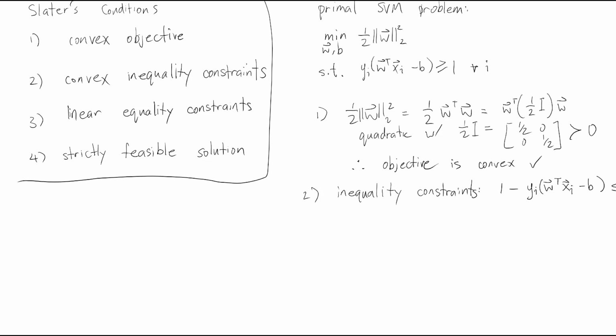The simplest way to check this is to take the Hessian of the function on the left hand side, and if the Hessian is positive semi-definite, then the function is convex. So let's do that.